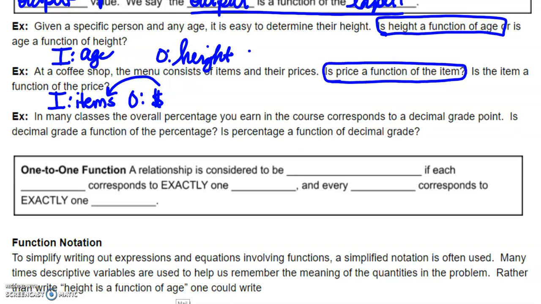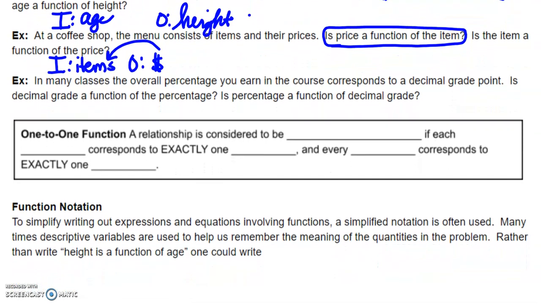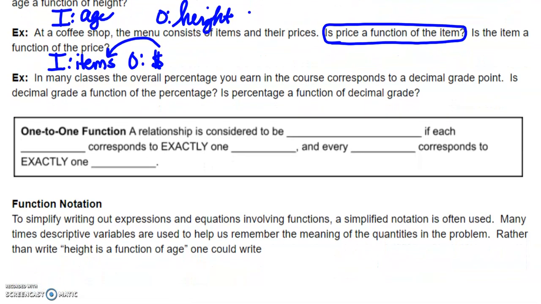Okay. Now, our next one says, in many classes, the overall percentage you earn in a course corresponds to a decimal grade point. Is the decimal grade point a function of the percent, or is the percent a function of the decimal grade point? So think of the grade point as kind of your GPA and your percent. So what is my input? What is my output to answer this question?